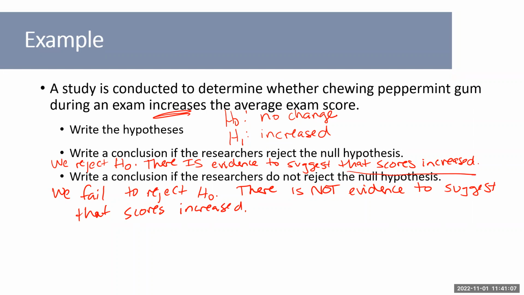You're either supporting that or you're not supporting it. Okay. So again, the blanks that you're going to fill in are reject or fail to reject, is or is not. Okay. That last blank is always what your alternative hypothesis says.